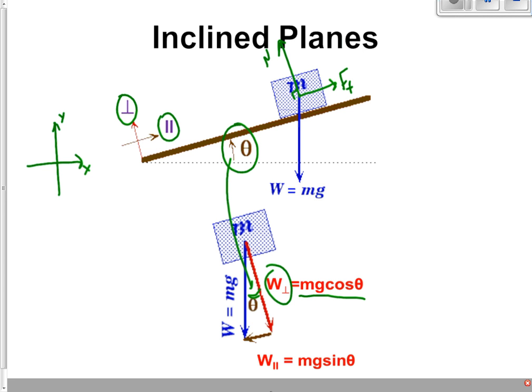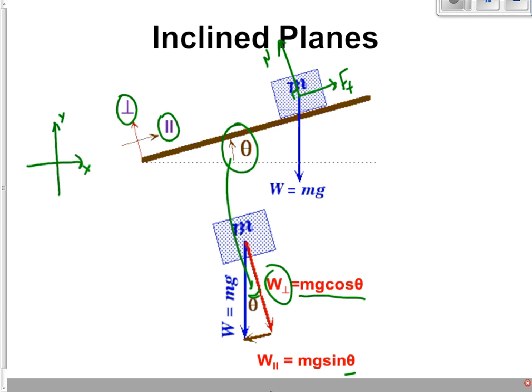It makes sense if you think about it, because if theta was 0 degrees, the acceleration would be 0, because the parallel component of the weight would be 0. There would be no component of the weight pulling it down the ramp.